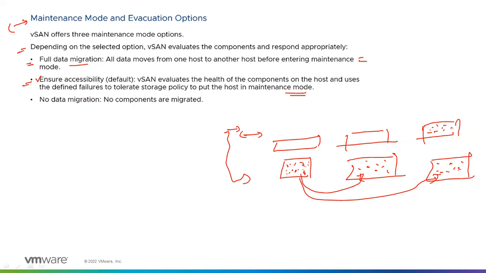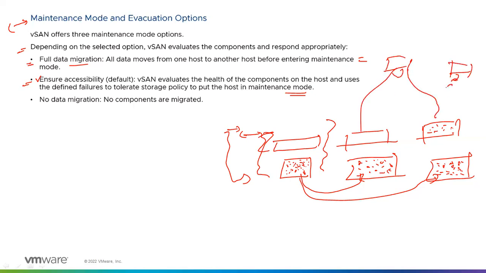It means that some replica or redundant component of this host's data is available on the rest of the hosts, so that while it is in maintenance mode, my data accessibility is still ensured. On top of running VMs, whatever data reads and writes are happening, there should not be any issue at all.